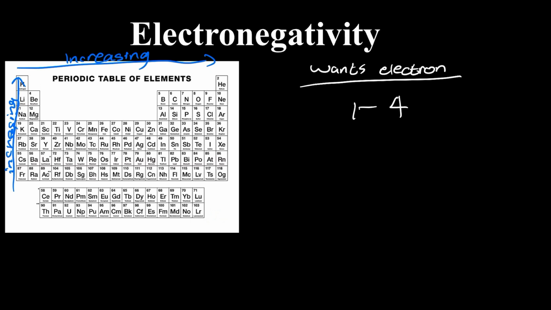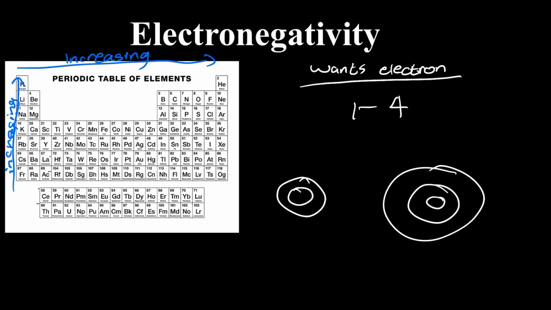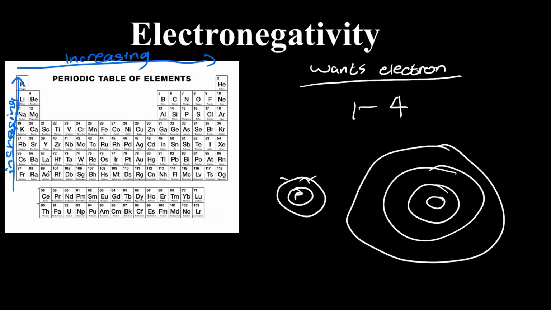And the reason for that is, let's just say we have a small atom and we have a large atom. We've got this, and we've got that. So I'll put my shell to make it look bigger. You've got protons and you've got electrons around here. I'm only going to be thinking about the valence electrons because those are the actual ones involved in bonding, and that's what we care about.